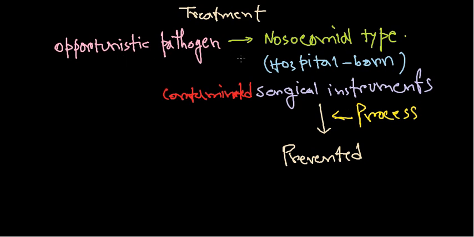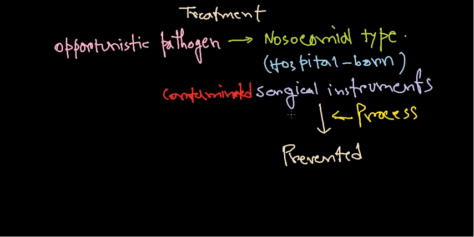Because Pseudomonas aeruginosa can live at a particular temperature for a longer period of time. So if we sterilize our equipment for a longer period of time at a high temperature, we can get rid of this bacteria, and in those cases we can lower the nosocomial infections, right?